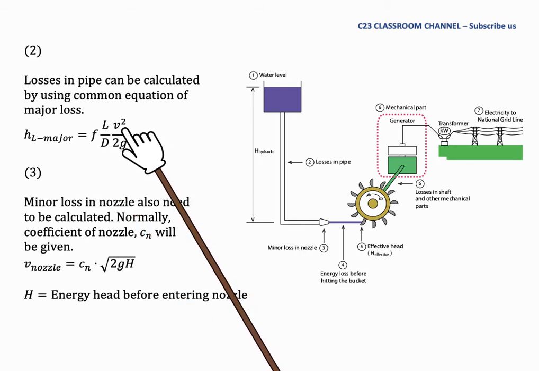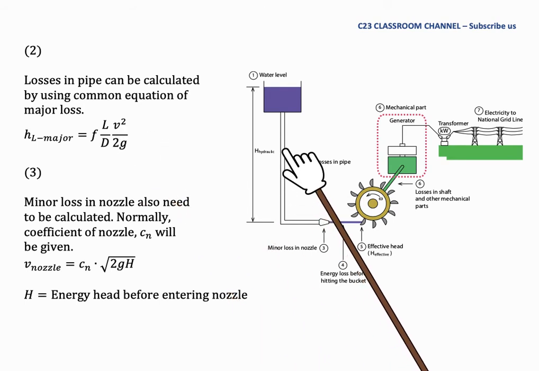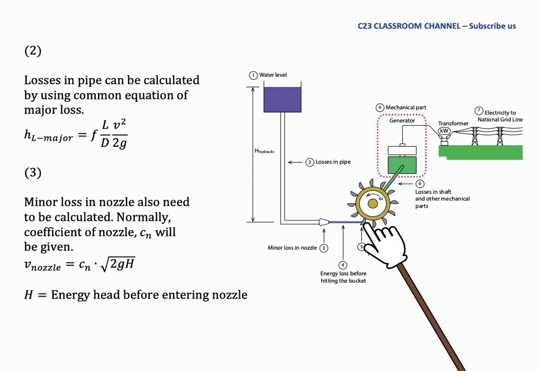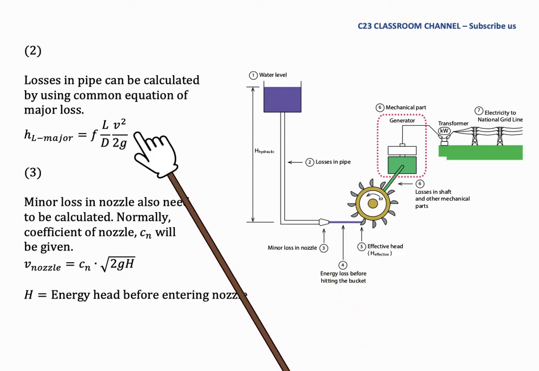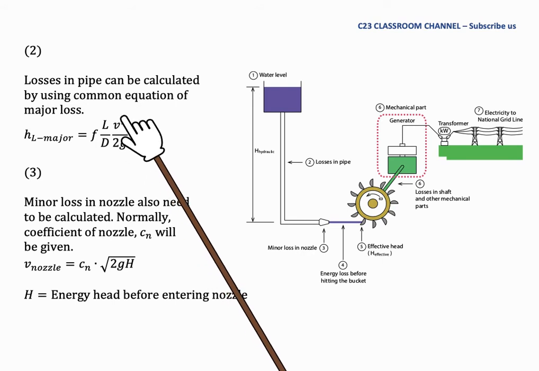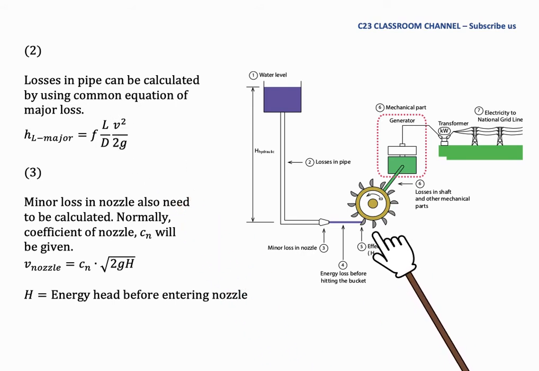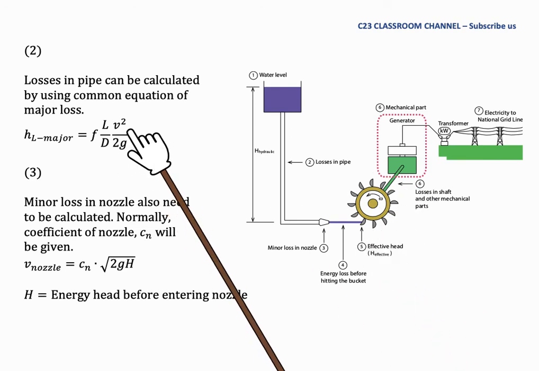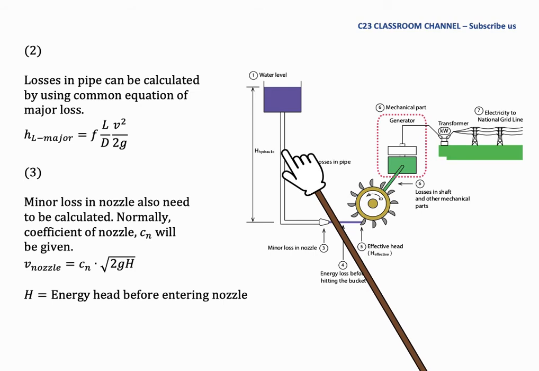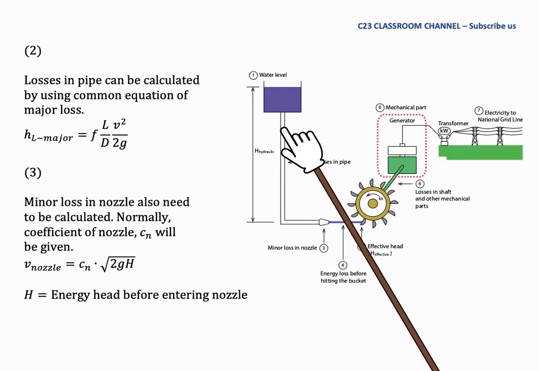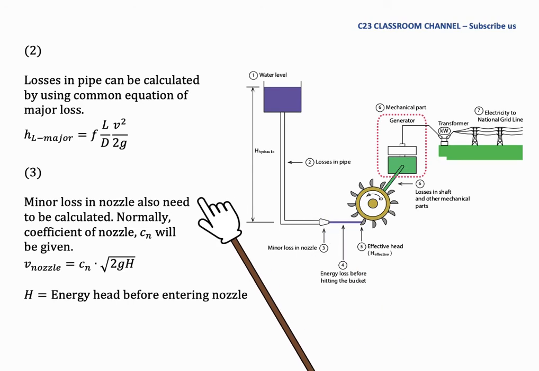The V squared here is the velocity of water inside this pipe, not the velocity that hits the turbine. This velocity has no connection with the velocity triangle at the Pelton wheel, so please remember, this is the velocity inside the pipe because we are calculating the losses in this pipe.